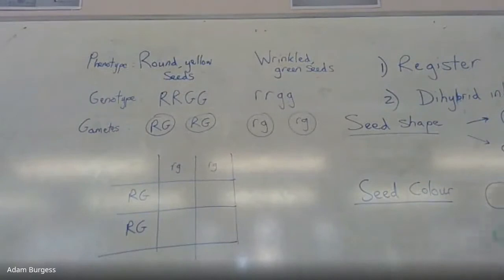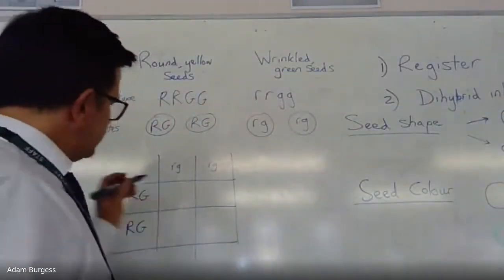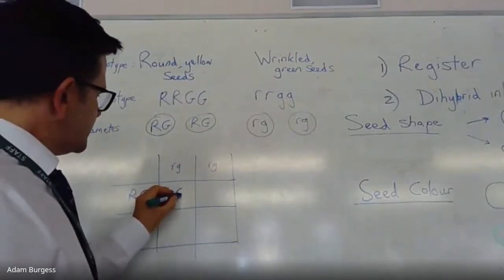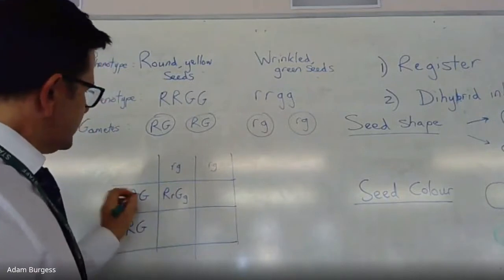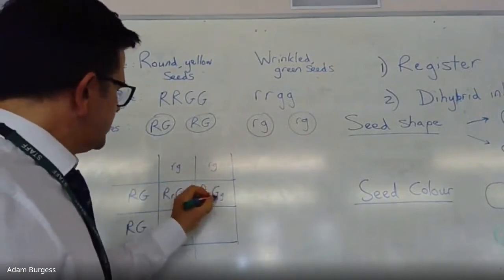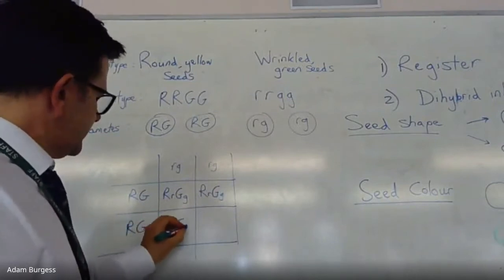Can you see that? Yes, you can. So what we do is we combine the alleles back. So that would be big R, little r, big G, little g. That would be big R, little r, big G, little g. In fact, all of them would be that.